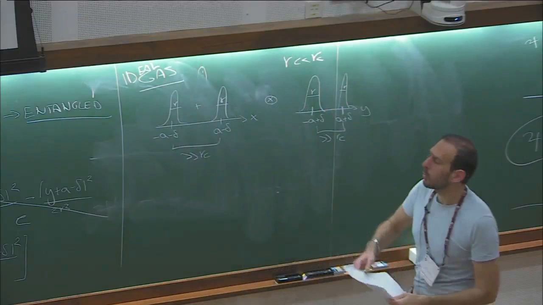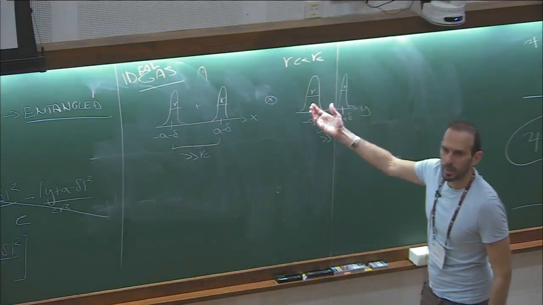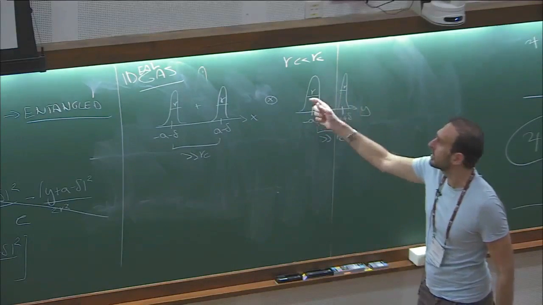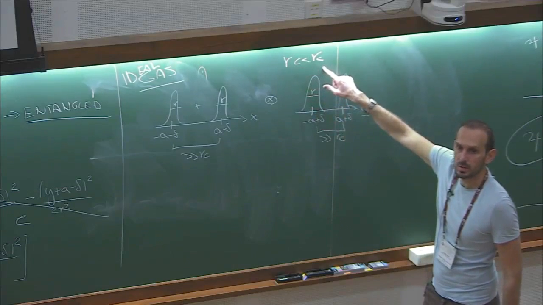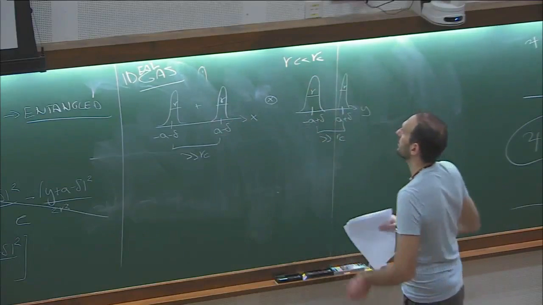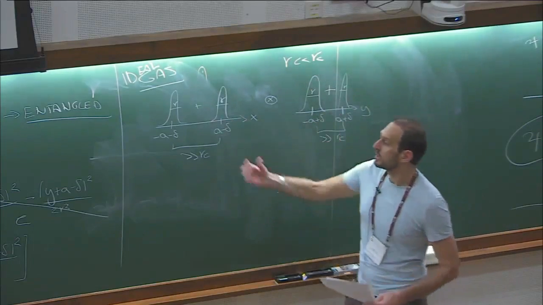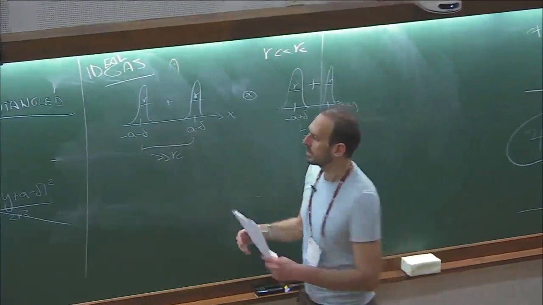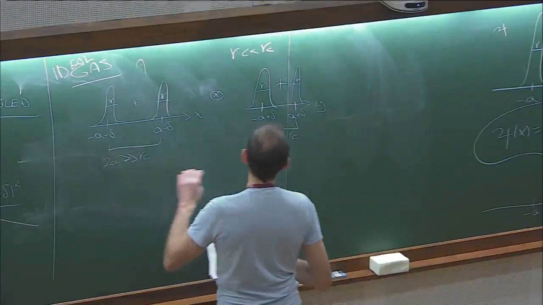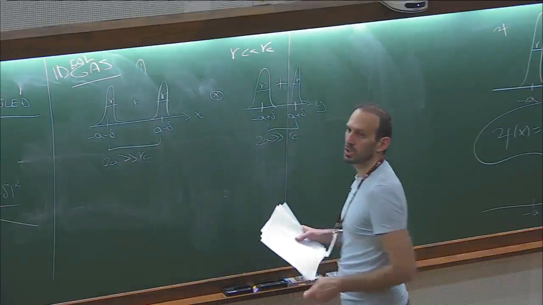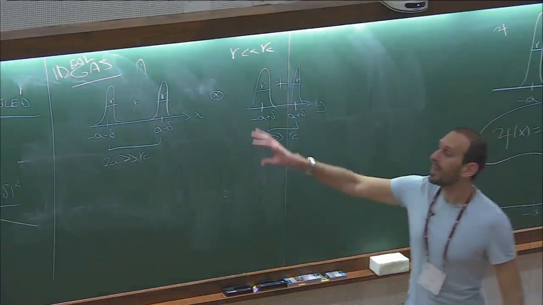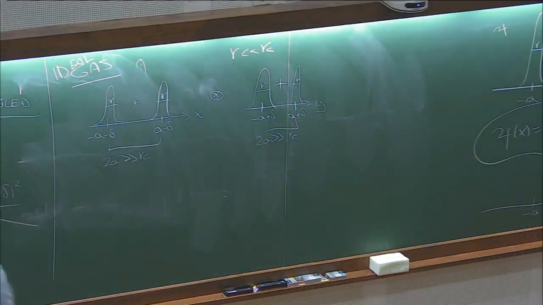So the conditions are always the same. They are very well localized Gaussians, r much smaller than R_C, in a superposition which is very much delocalized. The distance 2A is much larger than R_C. So the same situation as before. But now these two particles are not bound together in a solid object.